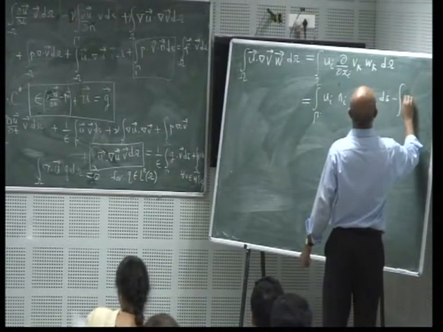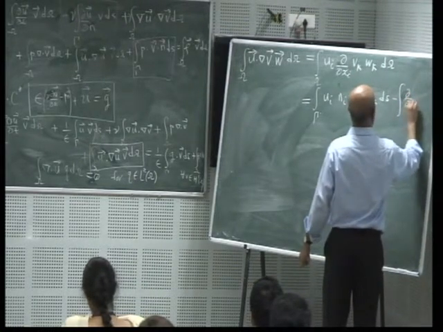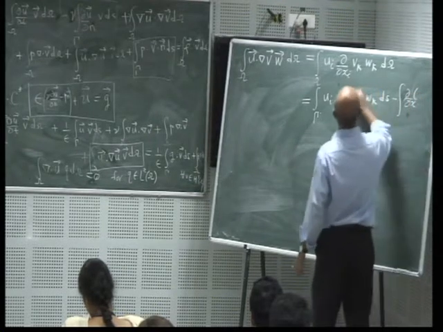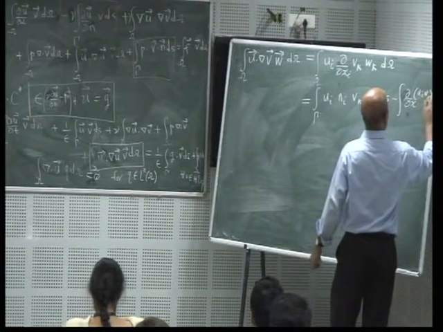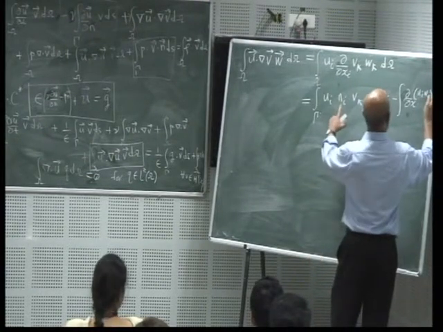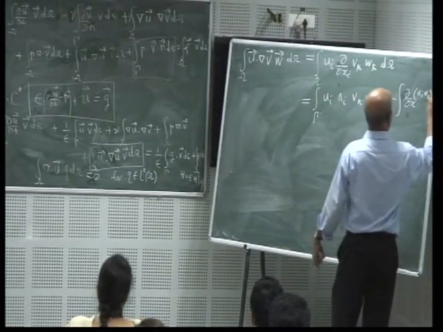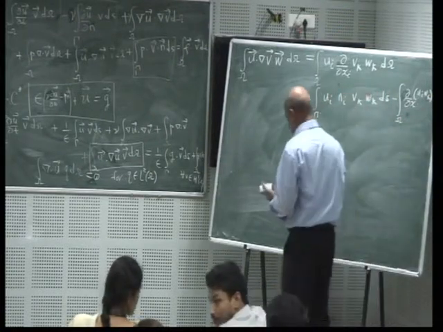Okay, I'm going to get d/dxi of Ui wk, and then Vk. This is over the domain omega.